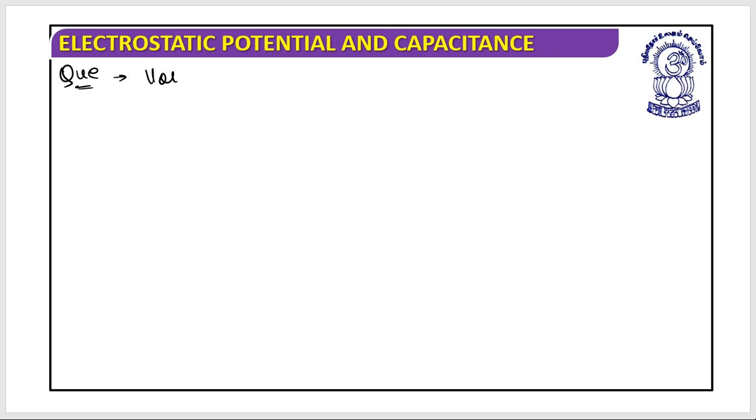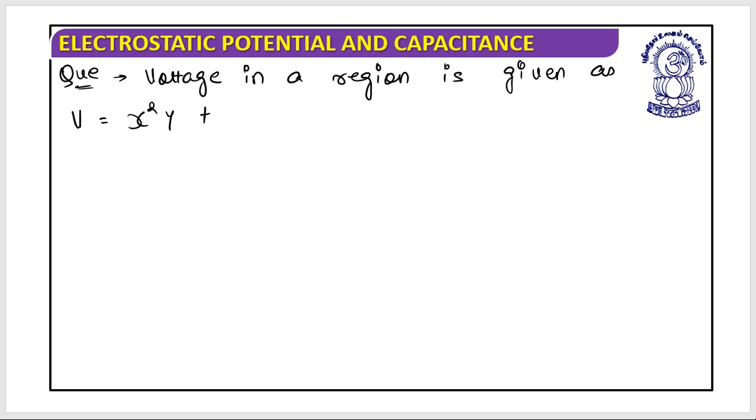Let's say voltage in a region is given as V equals x square y plus y square z plus z square x.